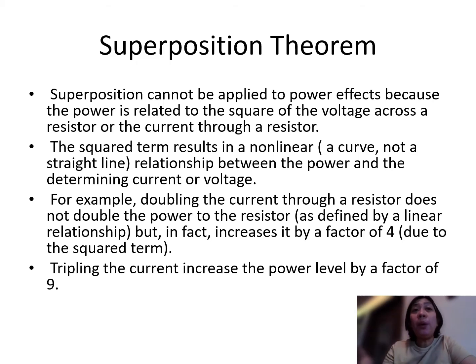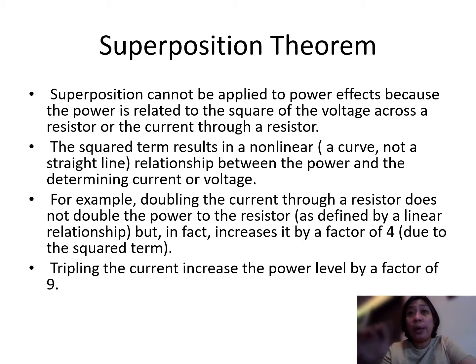For example, when we double the current through a resistor, it doesn't mean that we're also doubling the power to the resistor, as defined by a linear relationship. But in fact, if we double the value of the current, we increase the power by a factor of 4. Why?